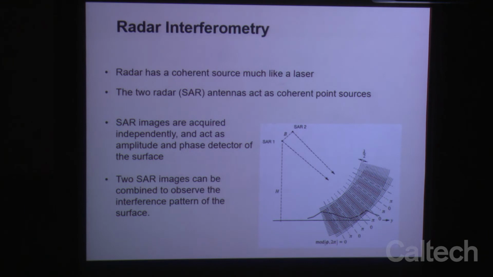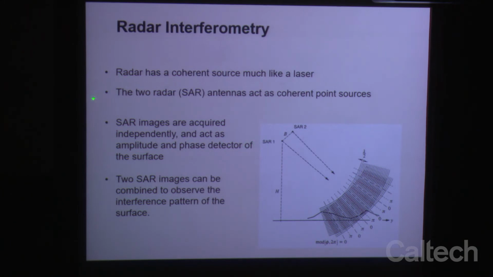But those of you who've looked at grayscale radar data may wonder where the speckle comes from. That's where it comes from. But we can also use that phase relationship to do techniques of radar interferometry.